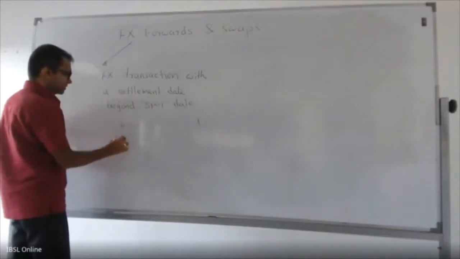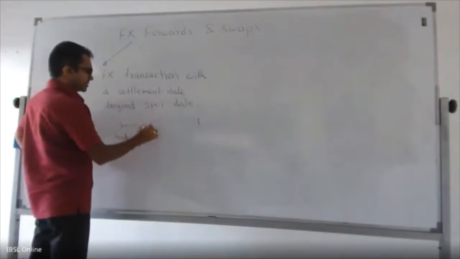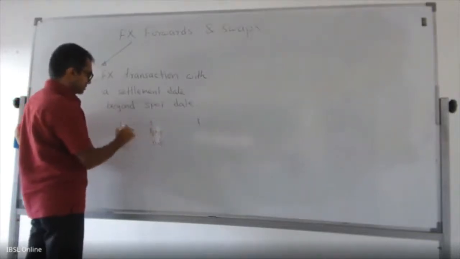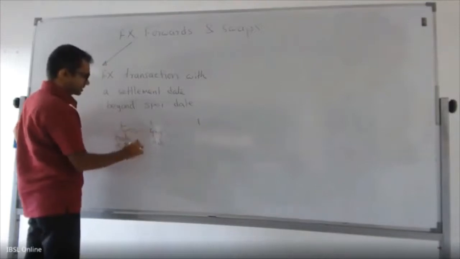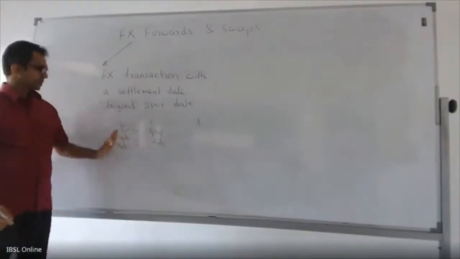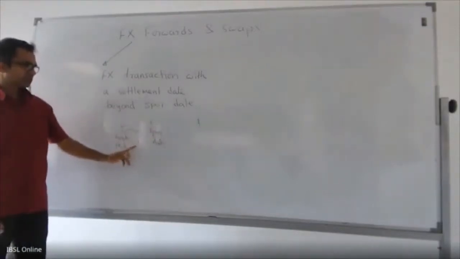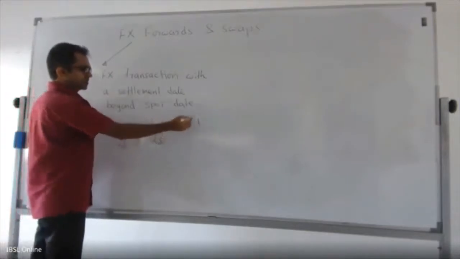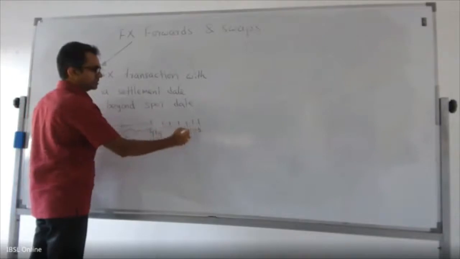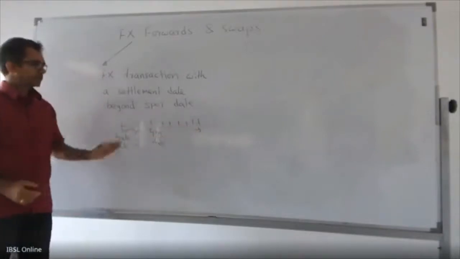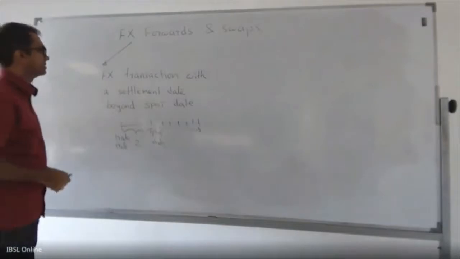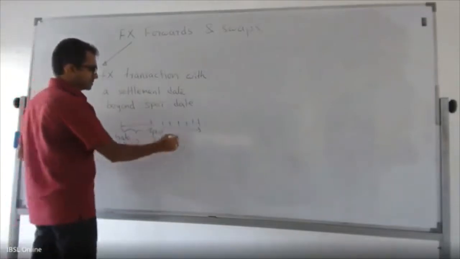This is the trade date. This is the spot date. That means there are 2 business days between the trade date and the spot date. Wherever the settlement date is, somewhere after the spot date, we call it an FX forward.